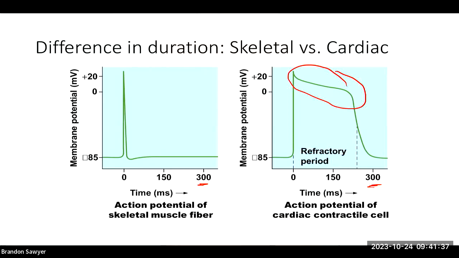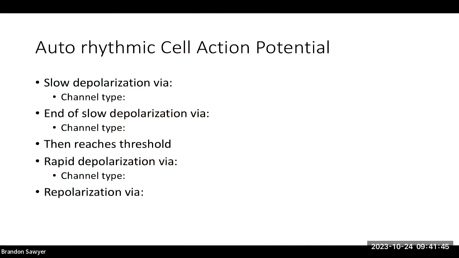Any questions on those before we dive into the next one, those autorhythmic cells? Okay, so the autorhythmic cells have 4 different phases of the action potential. The first one's called slow depolarization. This is due to sodium influx. The channels that allow for this are called funny channels.